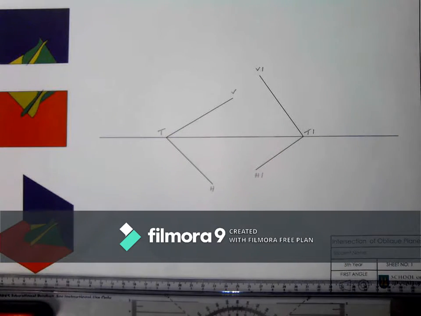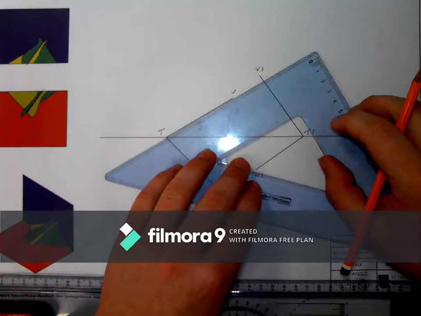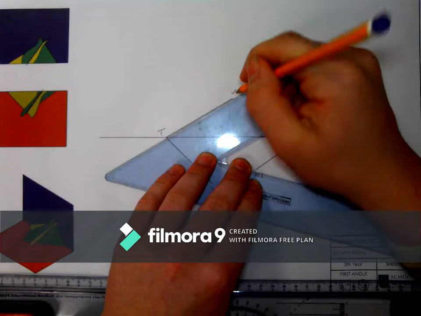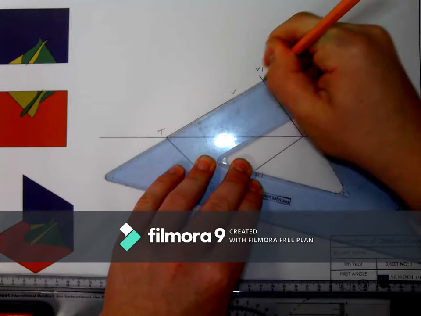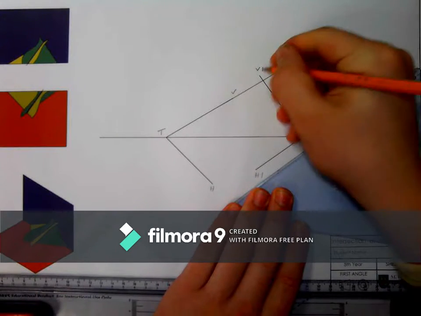So after that then, we're going to extend our traces until they intersect. So I'm just going to start off with our first trace and extend that line out. So we have a new point here, and we're going to label this point Q.